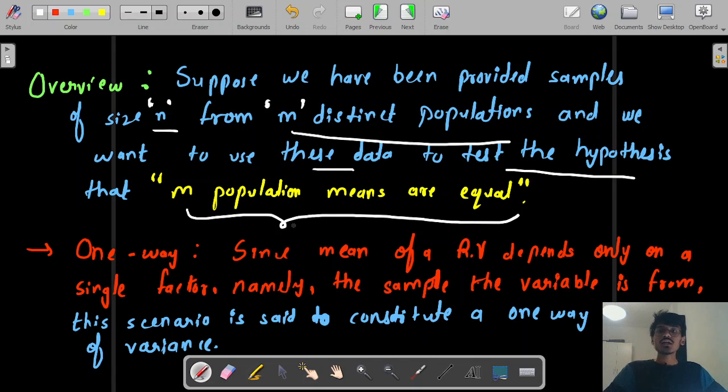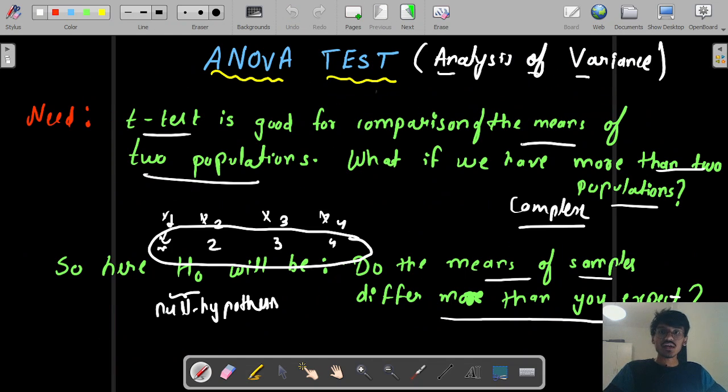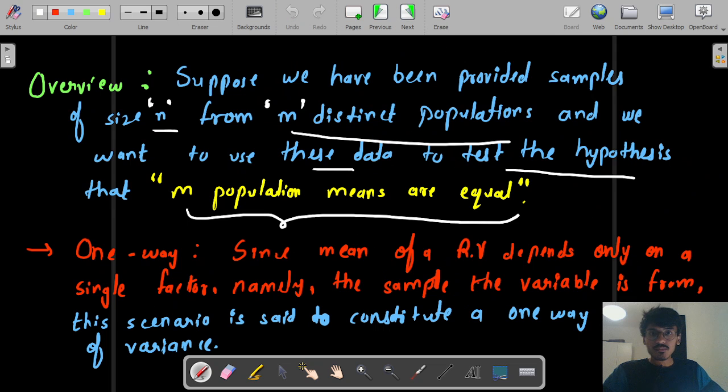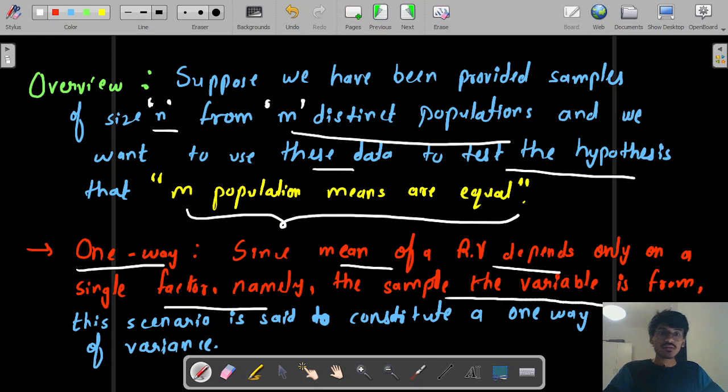I'm assuming that my previous lectures are being followed so that you are familiar with terms like population, sample and so on. So now, as you will see in many books, analysis of variance is of two types. First is one-way analysis of variance and the other is two-way analysis. So why is it called one way and two way? It will be clear at this point why this is called one way: the mean of the random variable depends only on a single factor, namely the sample from which the variable is taken, right?